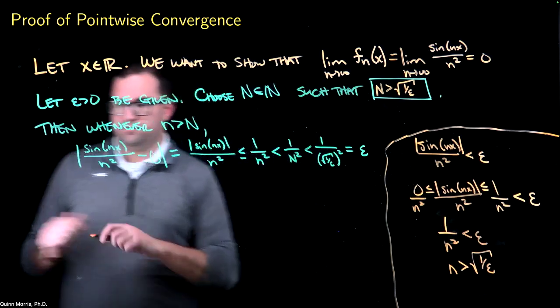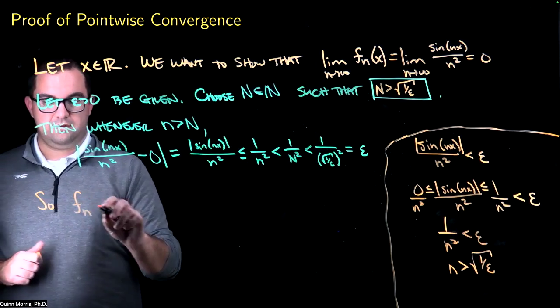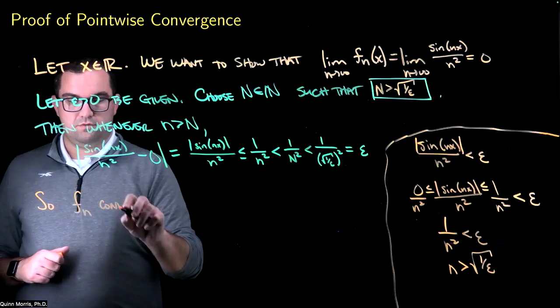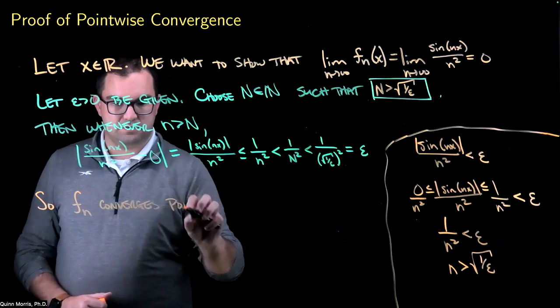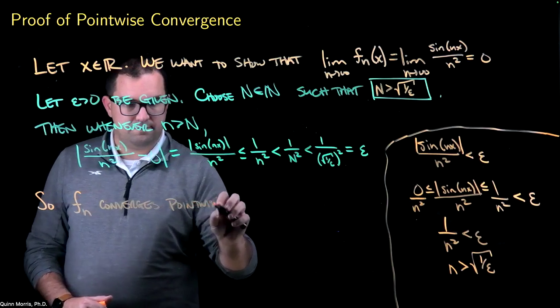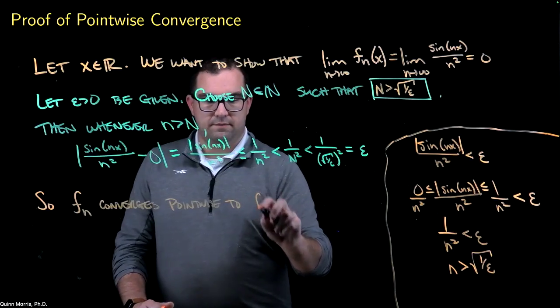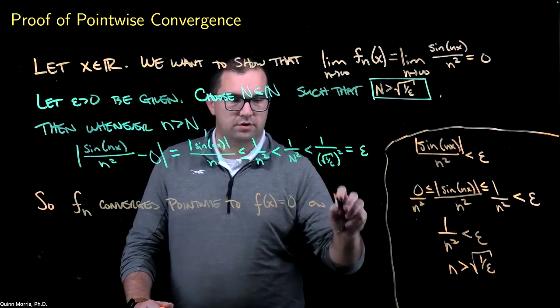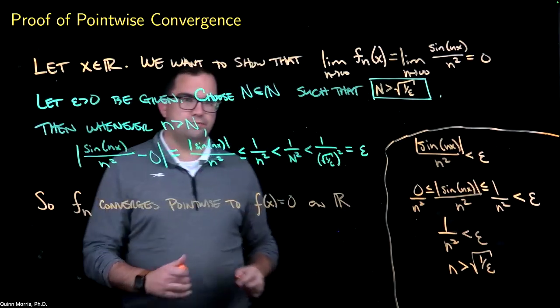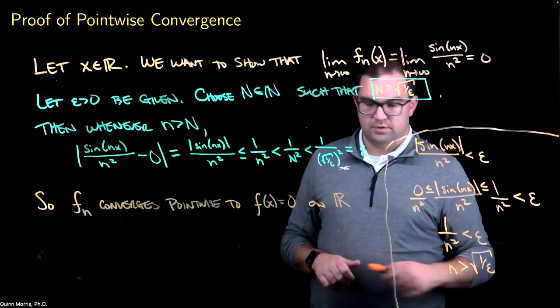Okay, so our concluding statement would be to say, f sub n converges pointwise to f of x equal to 0 on R. Okay. All right. Perfect.